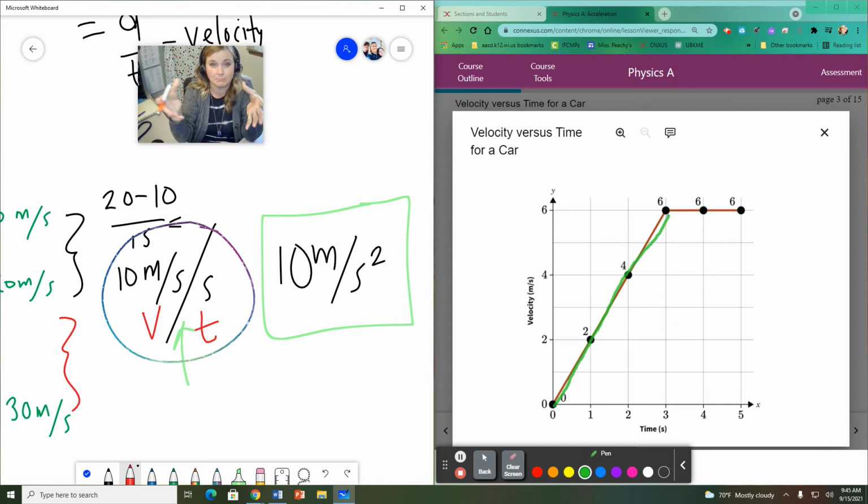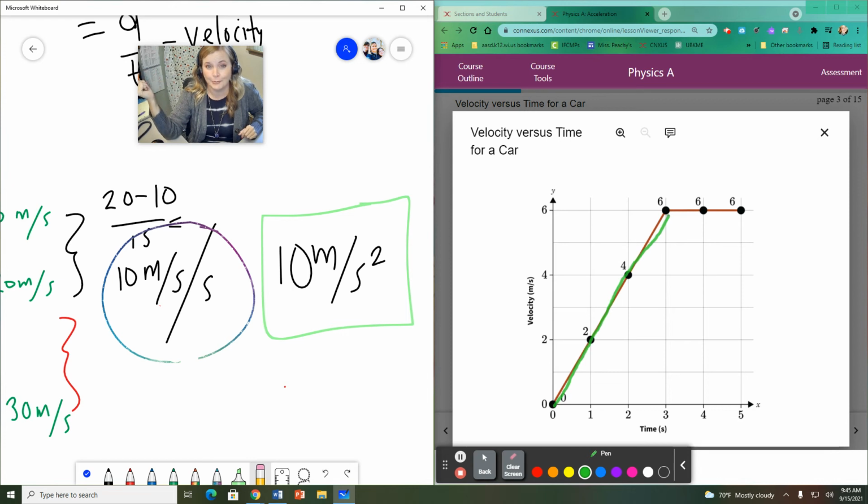So it's mirroring or showing you the equation, velocity divided by time, right? So it's doing a great job of really the units themselves showing you the formula for acceleration. And that's why I prefer that, especially in a physics class. But either or is fine. Okay, so that's what constant acceleration means.